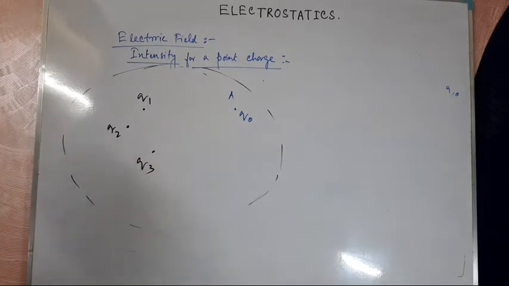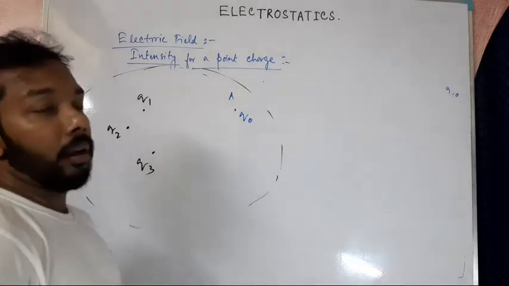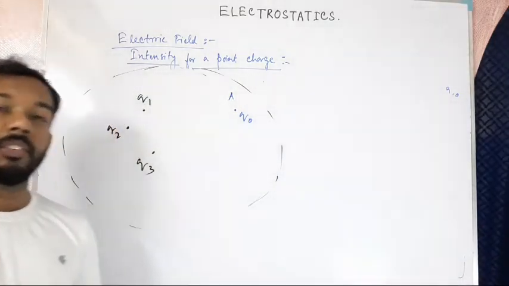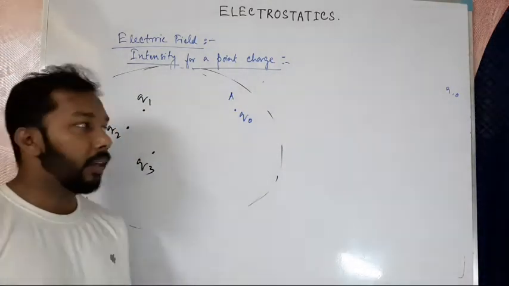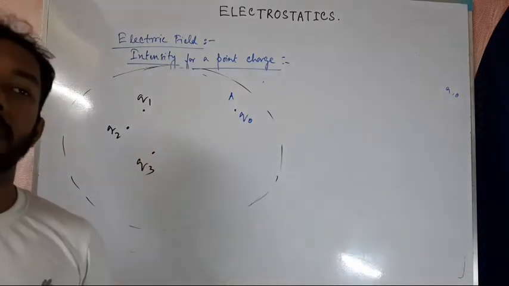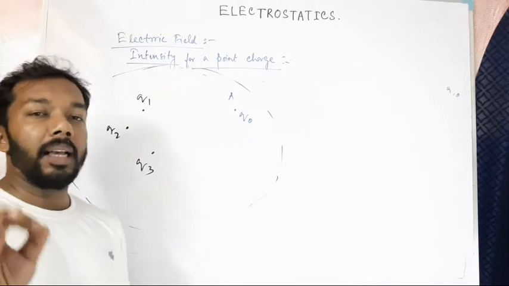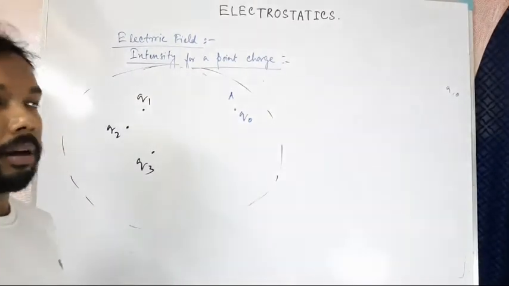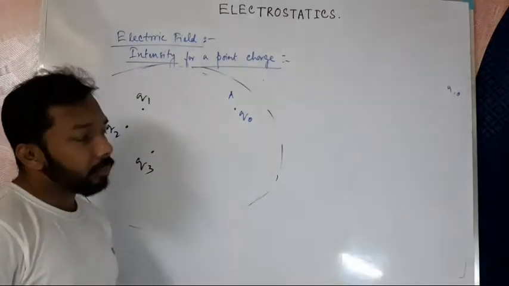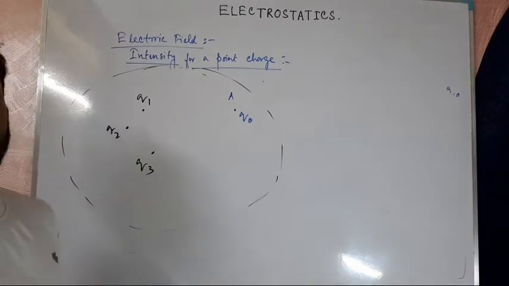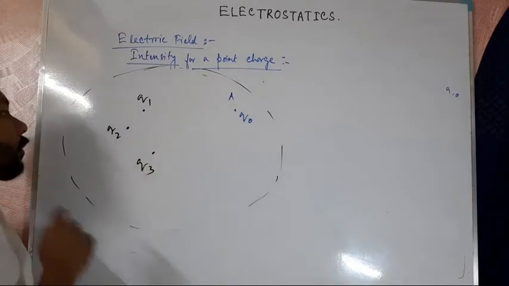Here comes the superposition principle, which we used previously in the case of Coulomb's law. Here also the superposition principle applies exactly the same as it was applied in Coulomb's law. How?